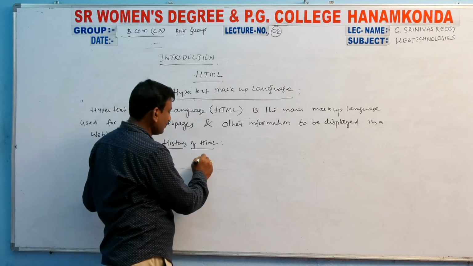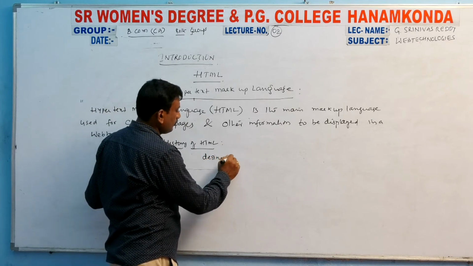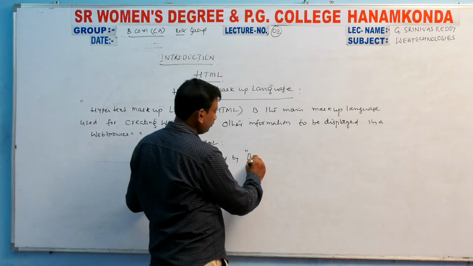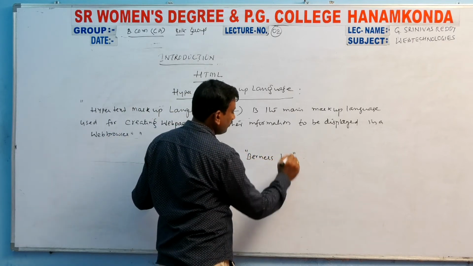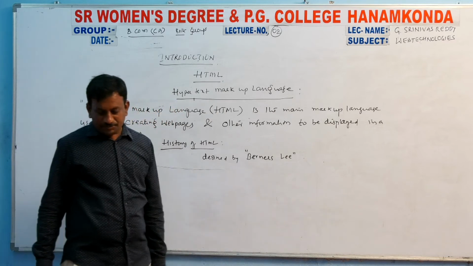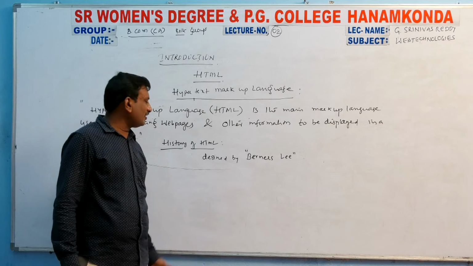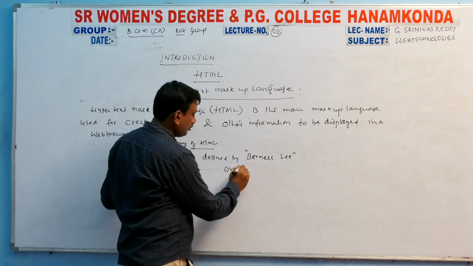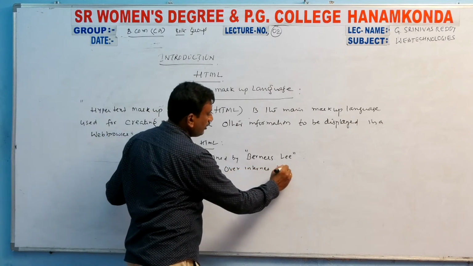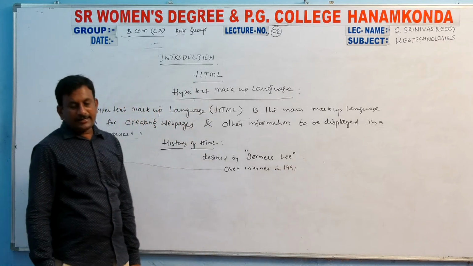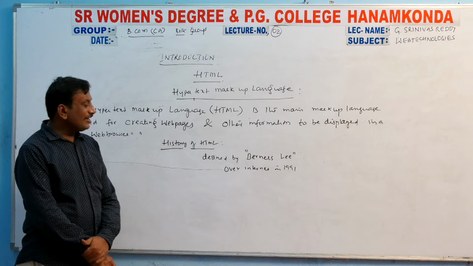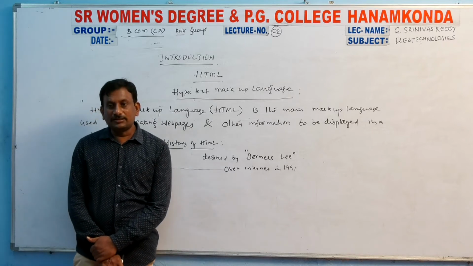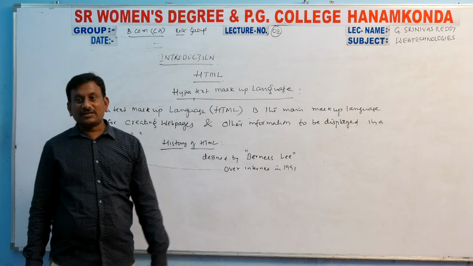HTML was designed by Berners-Lee over the internet around 1990 to 1991. The author, a scientist, designed the tag language depending on the internet. Everybody knows the internet: a network of networks.